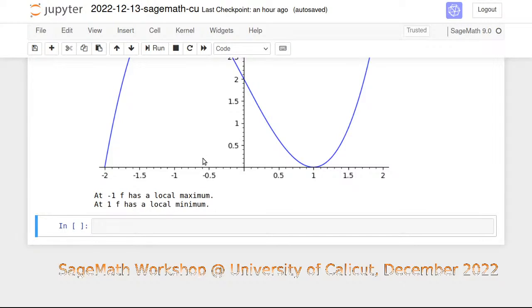For determining the point of inflection, we have to check the second derivative at x equal to a. If the second derivative is positive at x equal to a, it's concave up at that point. If the second derivative is less than 0, it's concave down.